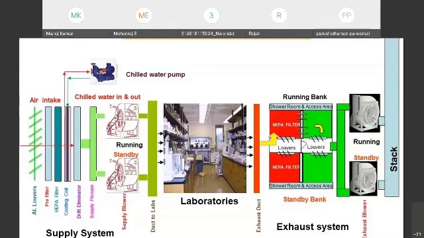So the energy required to cool from 25 to 16 is less compared to doing it from 30 or 45. Though it is costly and the energy consumption is more, as a safety measure we follow this once-through ventilation system.